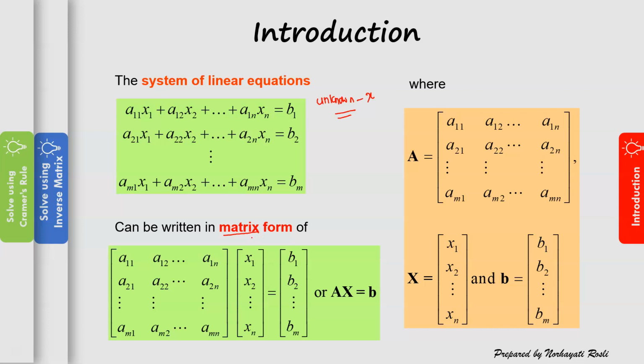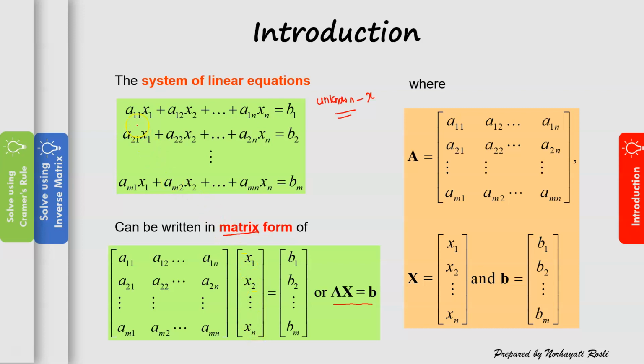When we transform into the form of matrix, we have here a matrix in terms of Ax equal to B. But what actually are A, X, and B? In this case, A is referred to the coefficient of all x. Here, I can write this A as a11, a12, a1n up to amn. Means that all the coefficients of x here we transform into matrix form, which is multiplied by our unknown of x1, x2, xn.